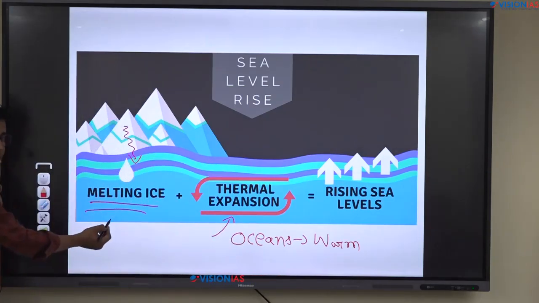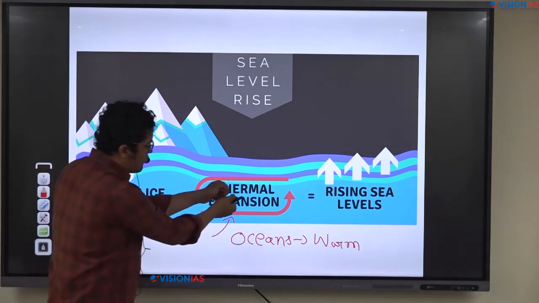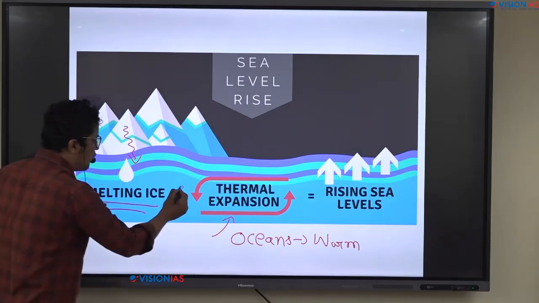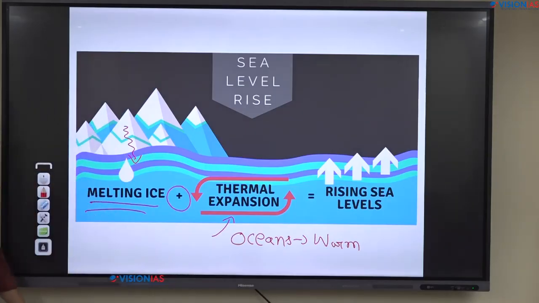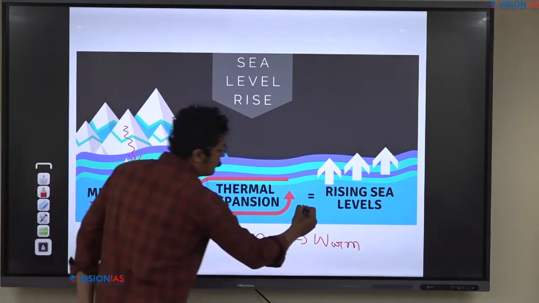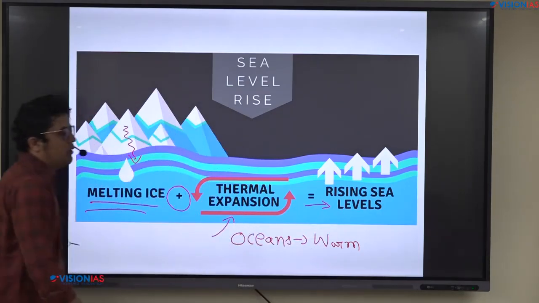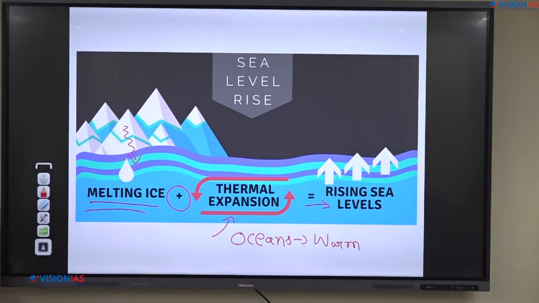So glaciers are melting, water is coming into the ocean, and water is also expanding. Both of them are happening at the same time, and together they will result in an increase in sea level. Now it is an alarming sign, because most of our coastal areas are facing this threat. They are facing the threat of submergence.